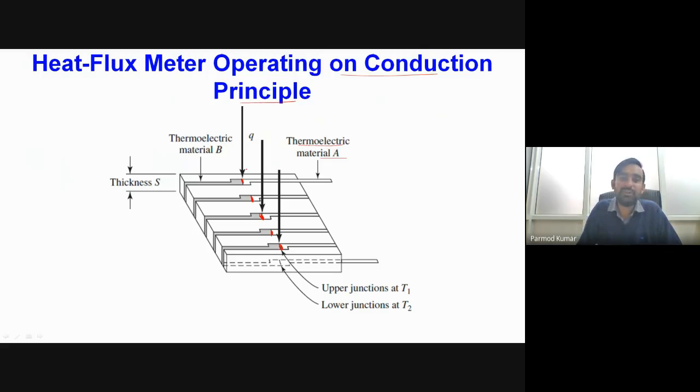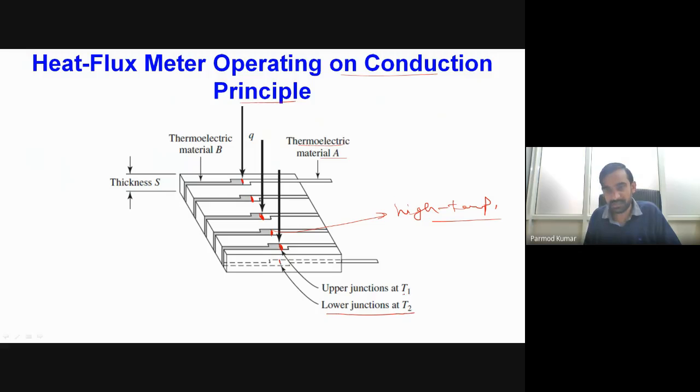Similarly, we will have the corresponding junctions on the lower end of this arrangement. So in the lower portion also we will have some junctions. Now these top junctions will be at high temperature, because they are exposed to the unknown heat source, and the bottom junctions will be at some low temperature.